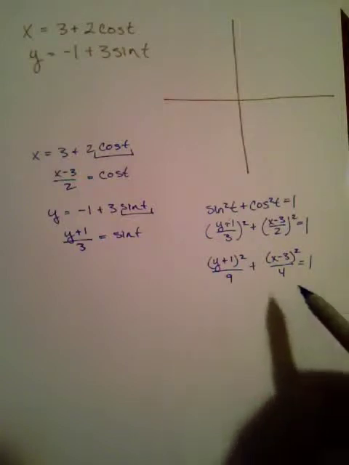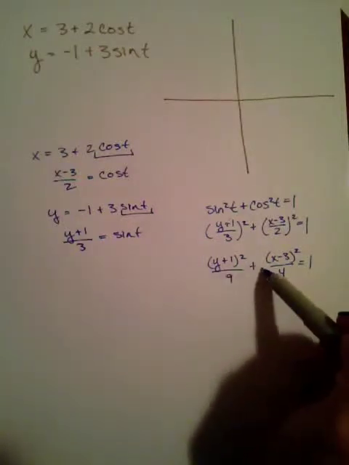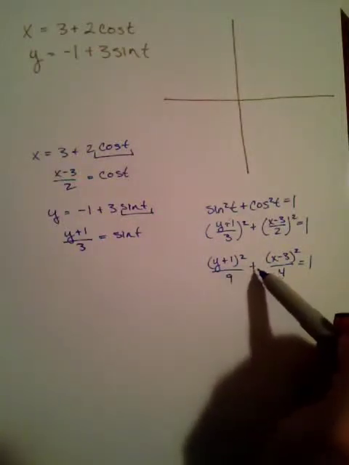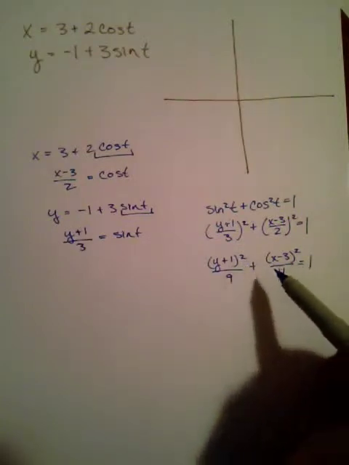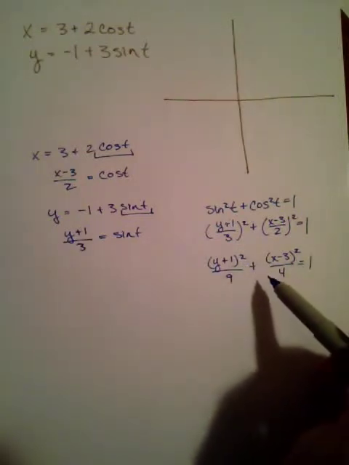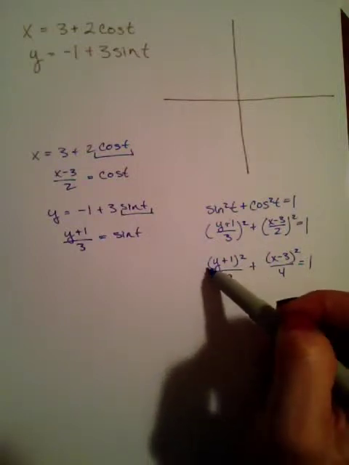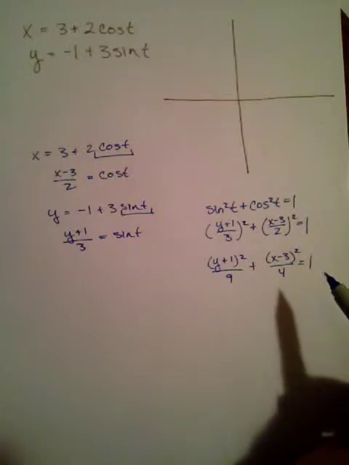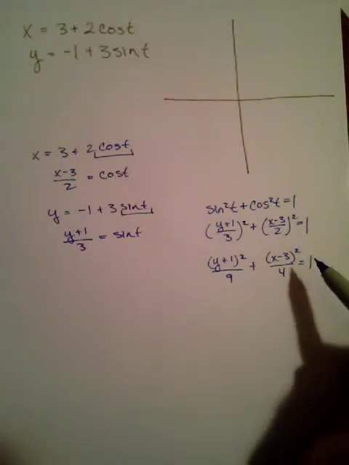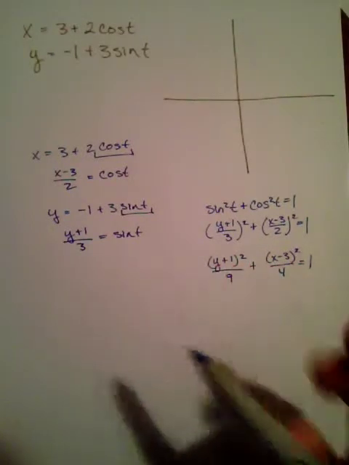It's not a hyperbola because there's no negative on either of these. It's not a parabola because both the x's and the y's are squared, and what's left is it is an ellipse. So it's a lot like a circle in the fact that both coefficients are positive, but we have a different x radius and a different y radius. The circle just has the same radius for both. So you could write these in either order.